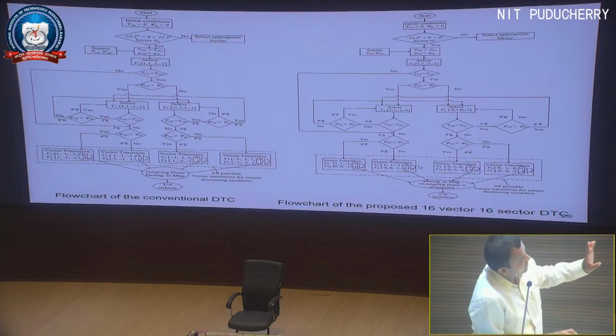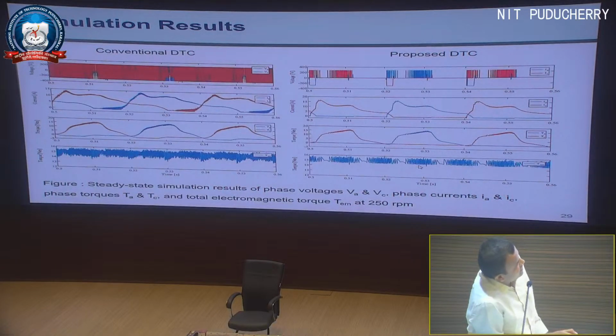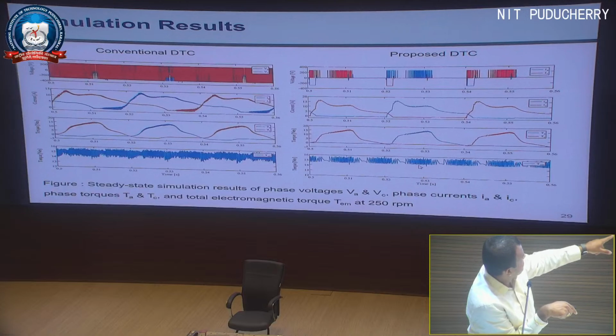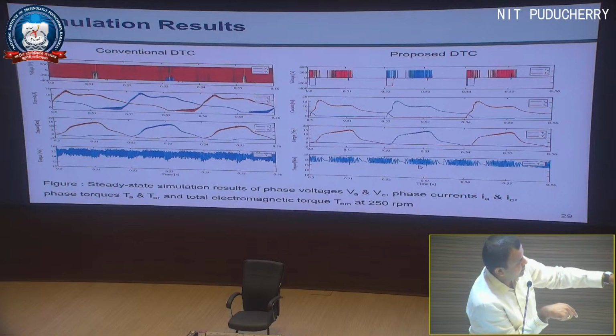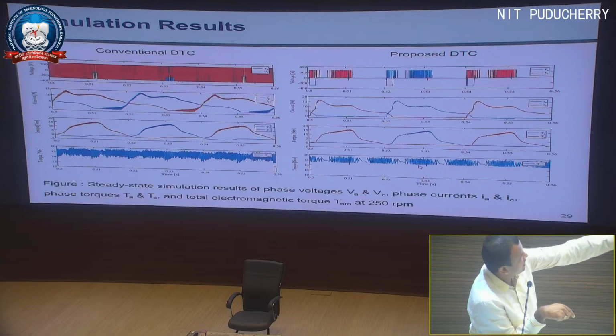Anyhow, this data is available in the paper. In the simulation results, you can see that the negative torque is now not present here. Steady state simulation results of the phase voltage, phase current, and total electromagnetic torque at 250 rpm. As I said, that is one of the drawbacks we are presently trying to address. At 250 rpm, conventional and proposed, you can see the torque ripple also.